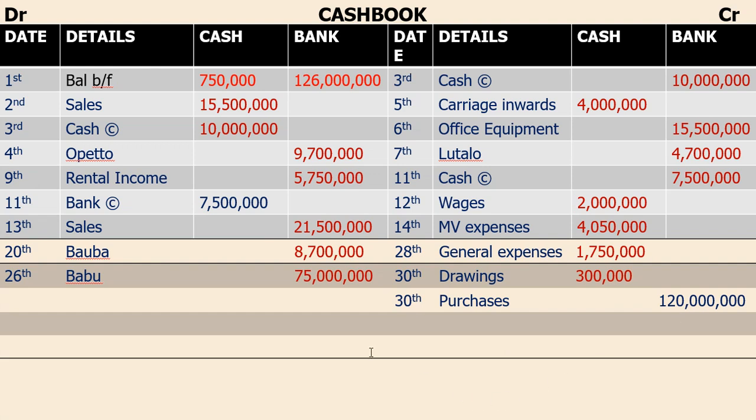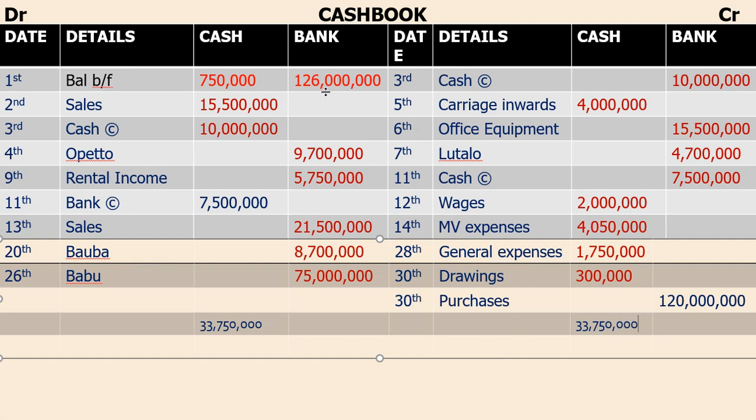This one is giving us 33,750,000. Then I think it should be the same figure here, 33,750,000.